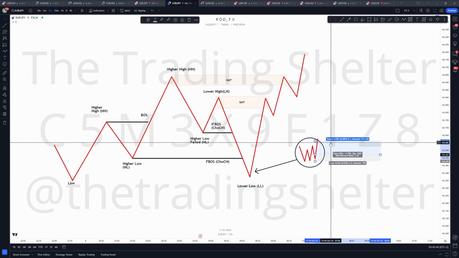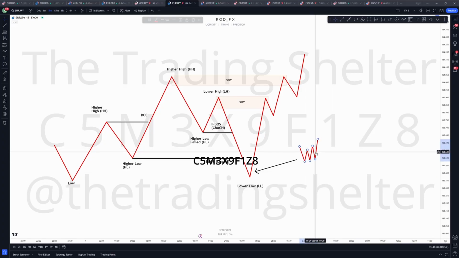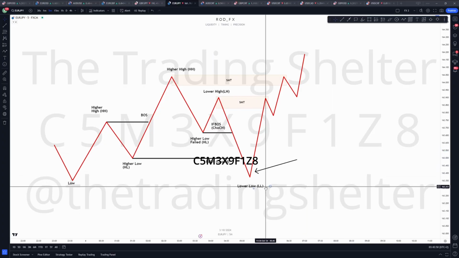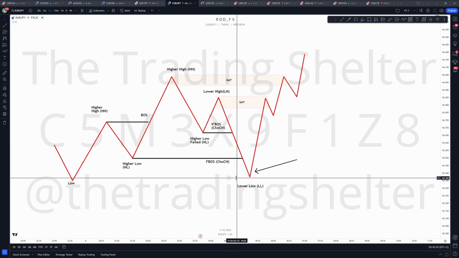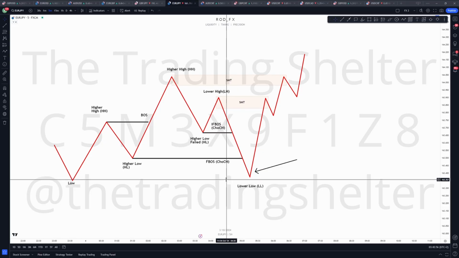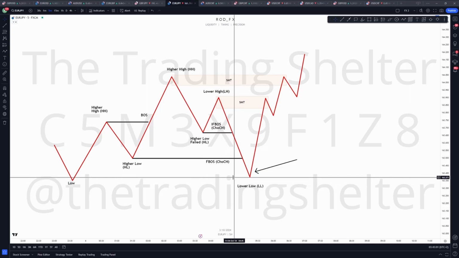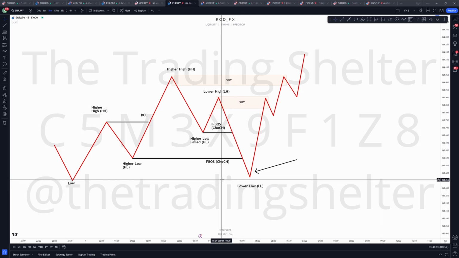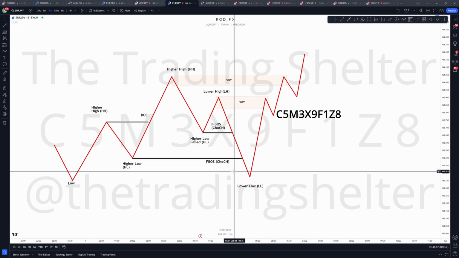This is how I trade. This is very, very advanced. You should never watch the FBOS as a trading opportunity, or you should never trade from an FBOS forming, actually. Even if there's a mitigation or whatever, you do not want to trade.